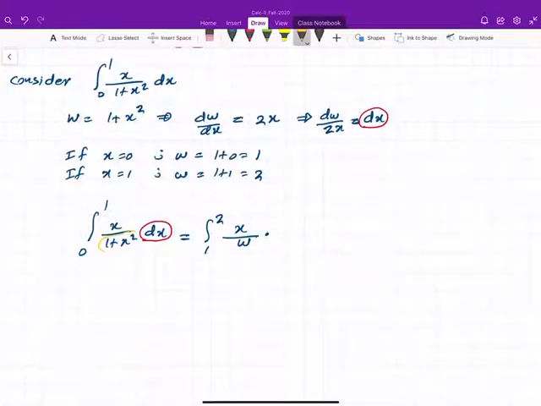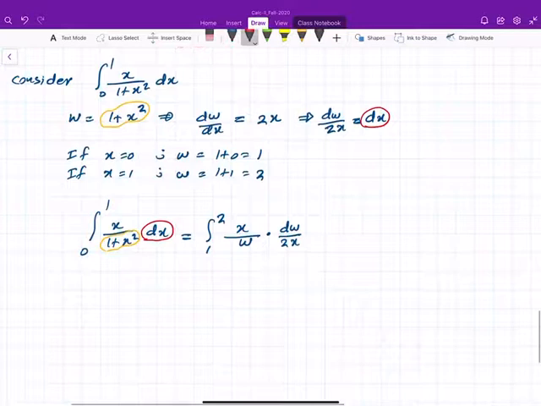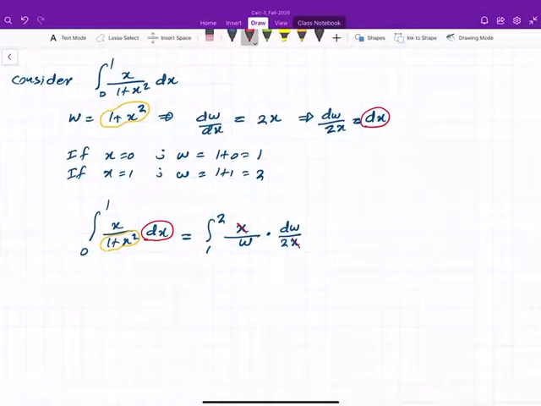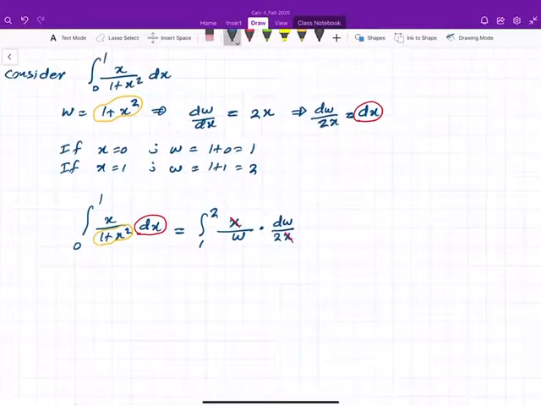For this, you just write w. And then here you write dw over 2x. Then you can cancel that with that.